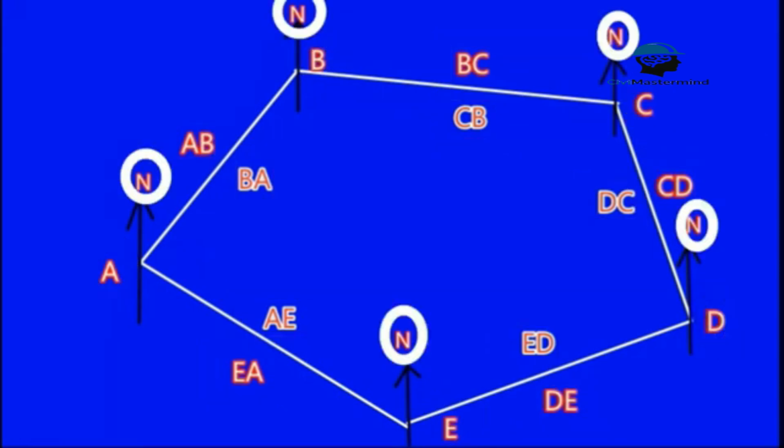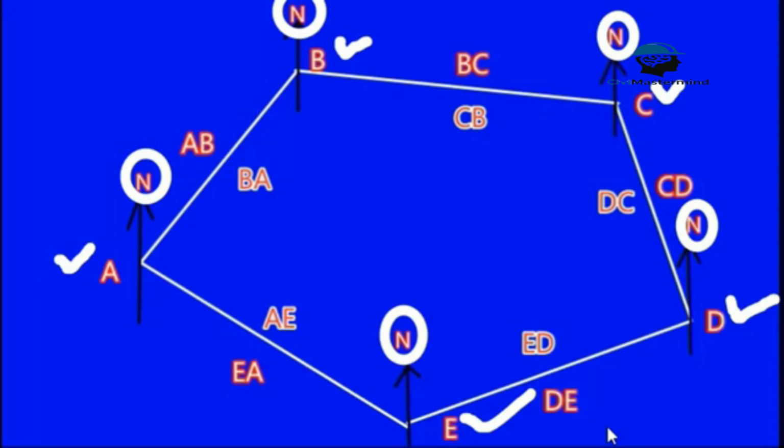Now, since we have chosen our traverse, and the traverse is of course A, B, C, D and E, and again back to A, making it a closed traverse.